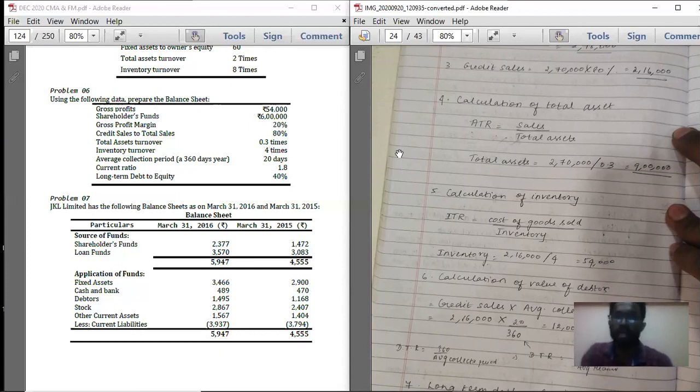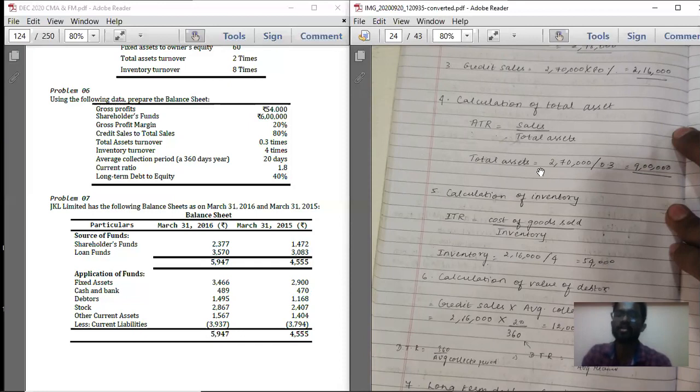So below that, point number 4, calculation of total asset. Asset turnover ratio, ATR is equal to sales divided by total assets. If total assets goes to the left hand side, ATR will come to the right hand side, and ATR becomes denominator.